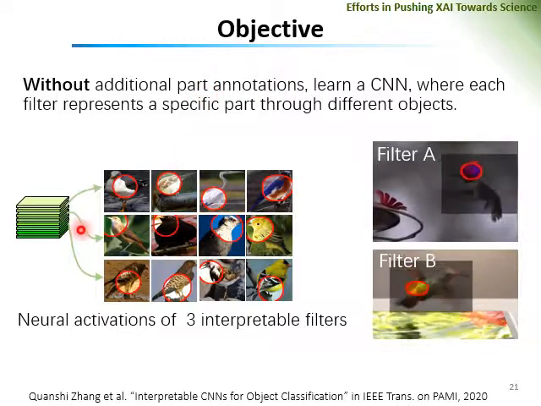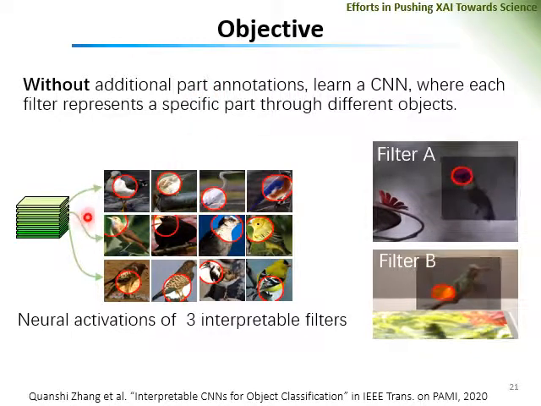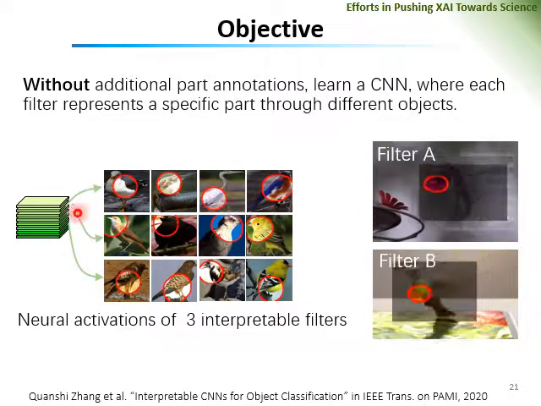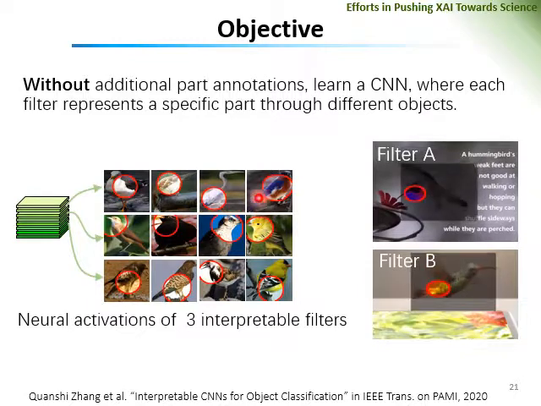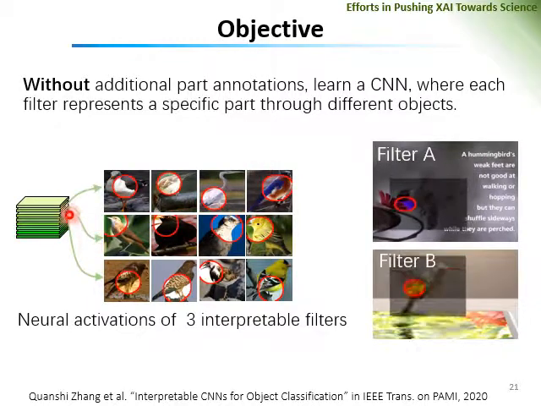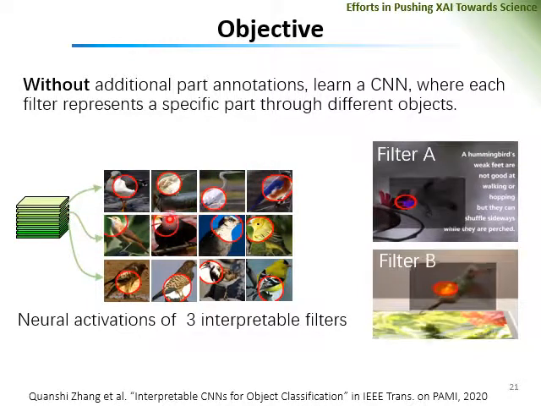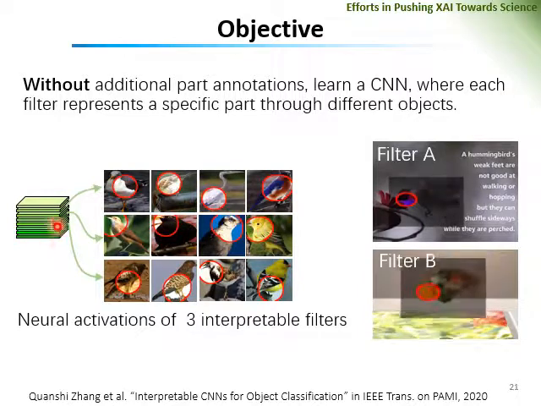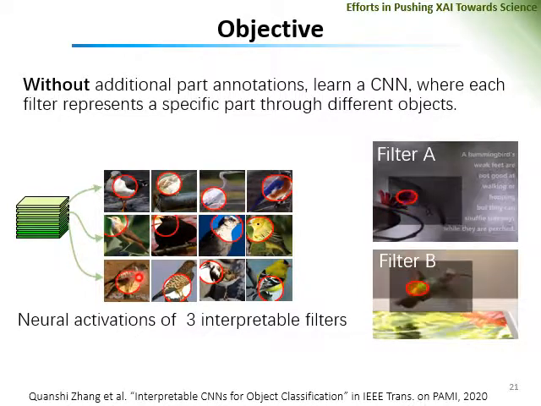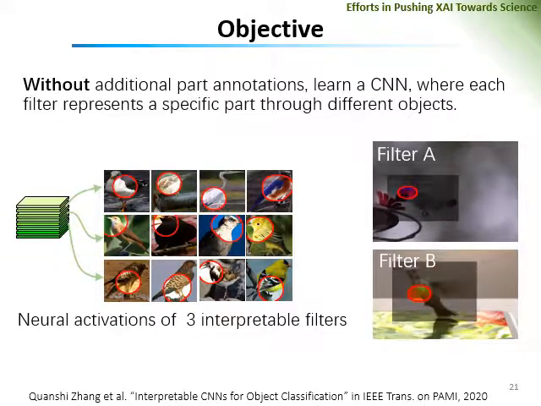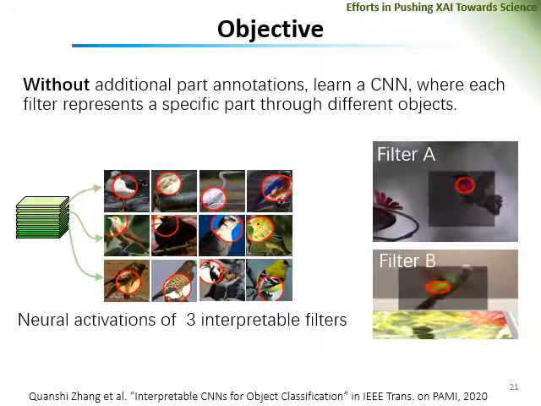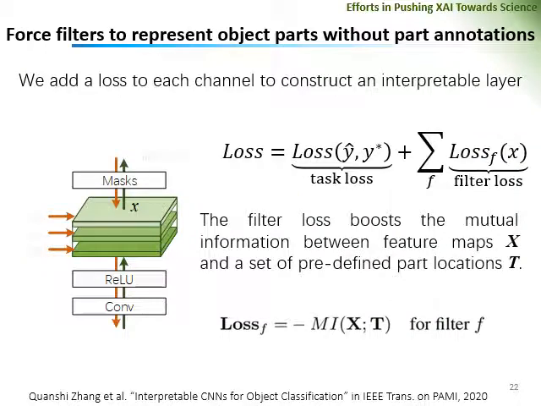So in the interpretable neural network, I want each filter to represent a certain specific part of the object. This filter obviously represents the head part of the bird. This filter mainly represents the dorsal part of the bird. It needs to automatically learn such visual concepts. The solution is very simple.